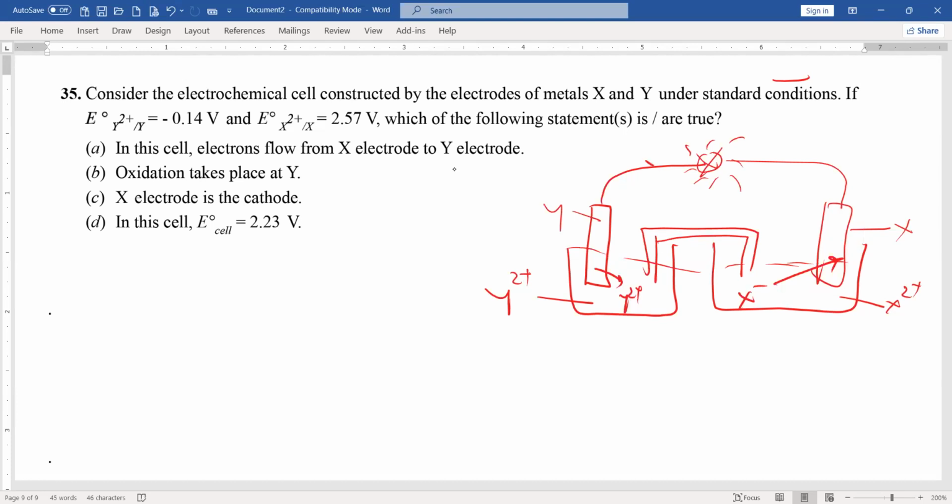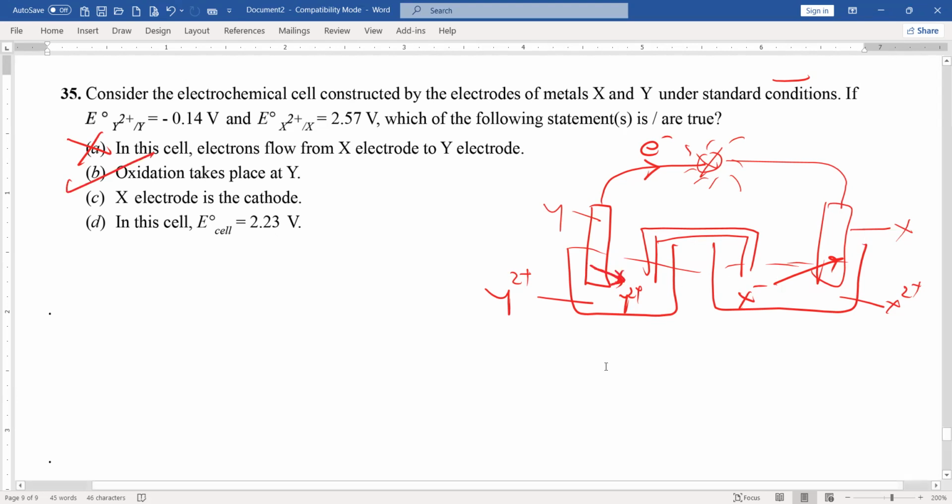Otherwise, electrons will flow from Y to X through the external circuit. In this cell, electron flow from X to Y, that is wrong. Always anode to cathode through the external circuit. Oxidation takes place at Y, that is correct. Namely, Y is the one which is oxidizing.